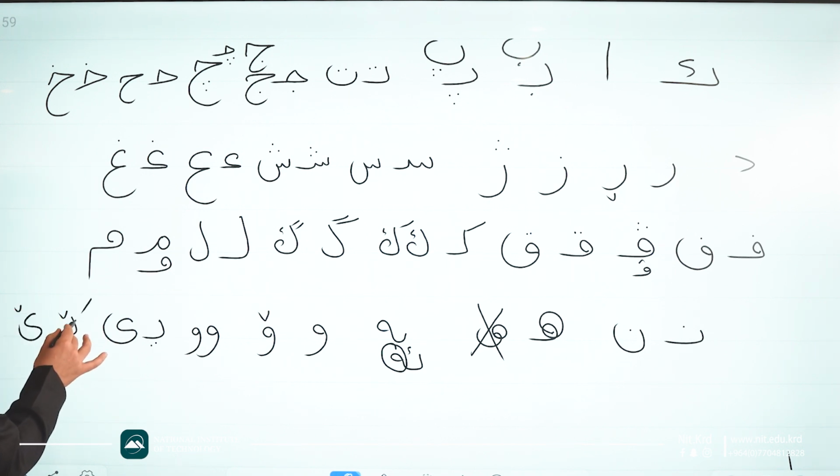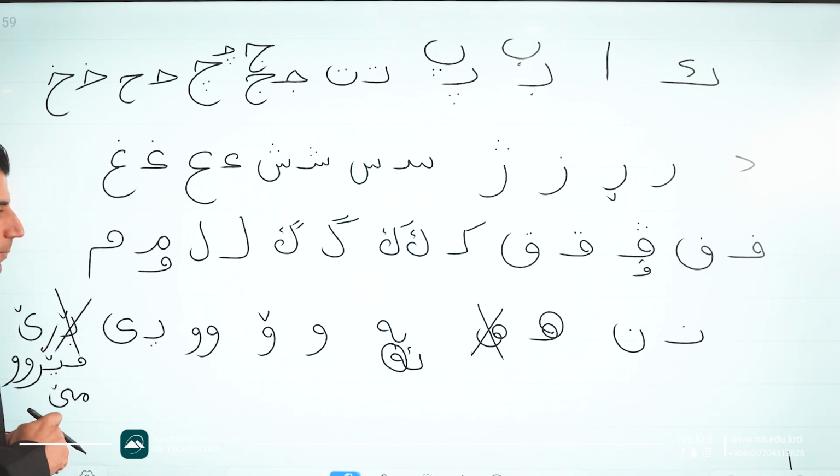I told you we do not have it at the beginning of any word, but in the middle we can use it. Okay? For example, if I say me, I can say ye. Meru. In the middle we can use it, but at the beginning of the word we cannot use it.